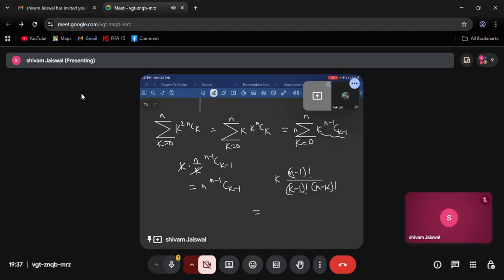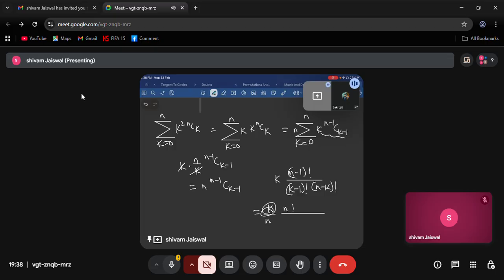Wait a minute. Don't speak up in between. Summation of k. This is k minus 1 whole factorial, no? Summation of k divided by n factorial, then it will become k square only.